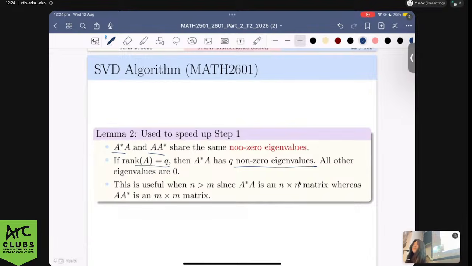This is very useful when n is greater than m, because A adjoint A is an n by n matrix, whereas A A adjoint is an m by m matrix. So you can quickly determine the eigenvalues which are not 0 from there.